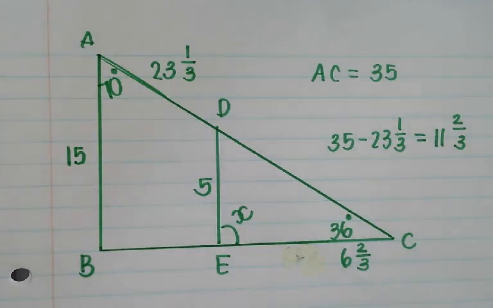But for congruency, I need at least one piece of information about the length of the side, okay? Angle, angle, angle only proves similarity.